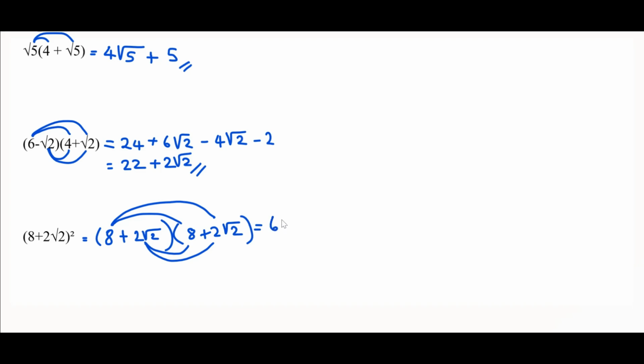This gives us 64 plus 16 root 2 plus 16 root 2, and 2 root 2 multiplied by 2 root 2 equals 4 times 2, which is 8, as we multiply the integers together and then the surds. Now collecting the like terms, this leaves us with a final answer of 72 plus 32 root 2.